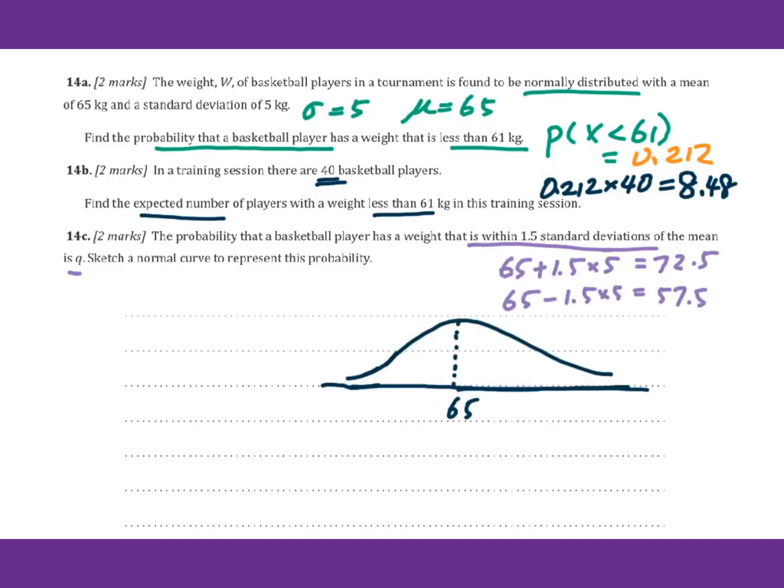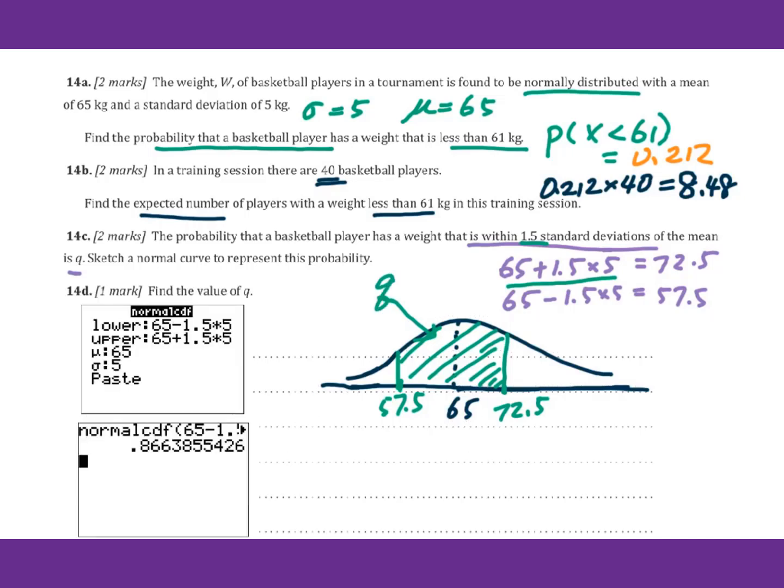First of all, within 1.5 standard deviations, you're just using 65, that's the mean, plus 1.5 times 5, or 65 minus 1.5 times 5. So suppose this is 57.5. Here is 72.5. Then shade this area. That's the probability Q.